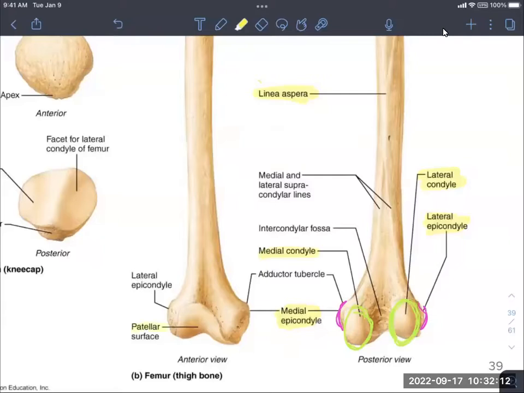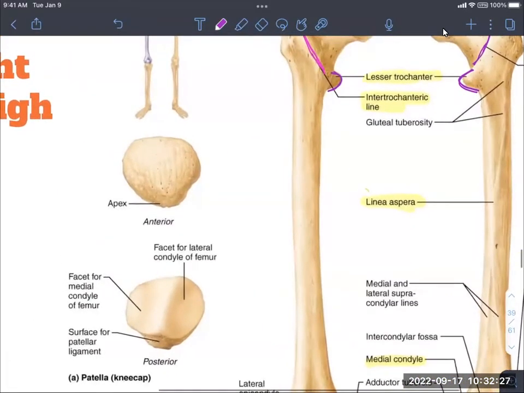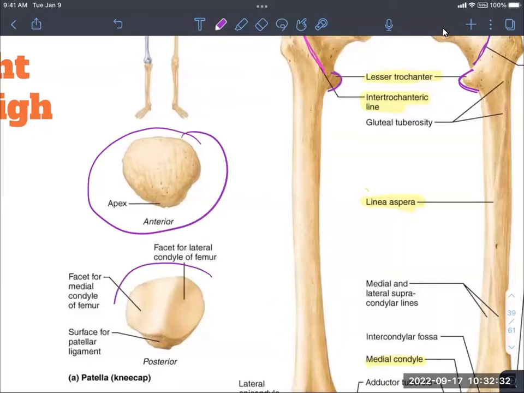We have the patellar surface, which fits along here. So this is the front of the bone because that's where your patella articulates on the front. And we have our patella. This bone is our patella. You just need to know that it is the patella.